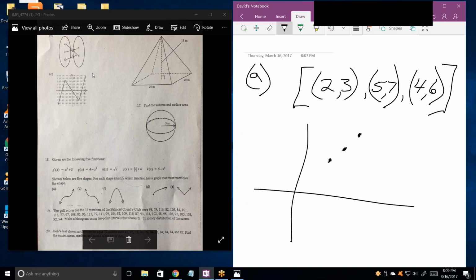But do those 3 points make up a function? Yes. The only way they wouldn't is if they would have given us 2 comma 4, then I would have had to plot that right there, which is directly above the previous point, violates the vertical line test.